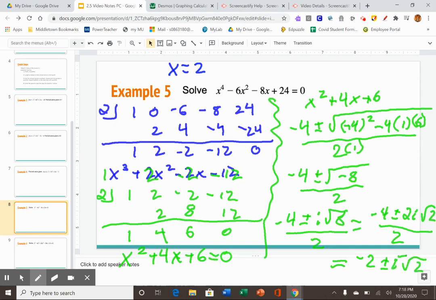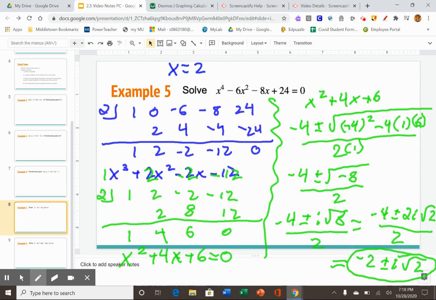And those are your imaginary zeros. So sometimes we're going to have imaginary zeros. So really, we had to do synthetic division twice because we started off to the power of 4, got down to a cubic. We need to do it again, make it quadratic, and use the quadratic formula.